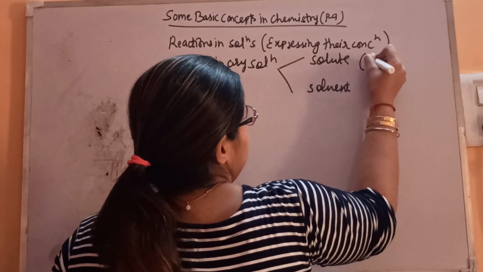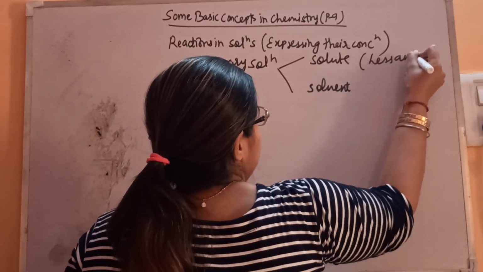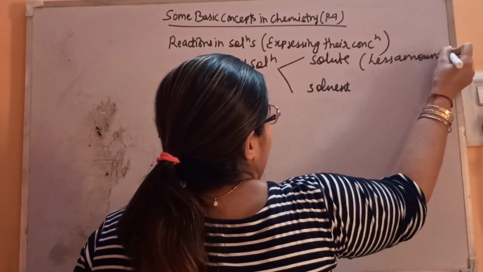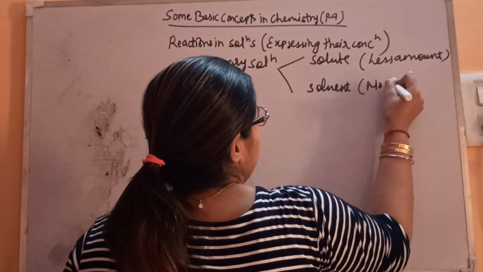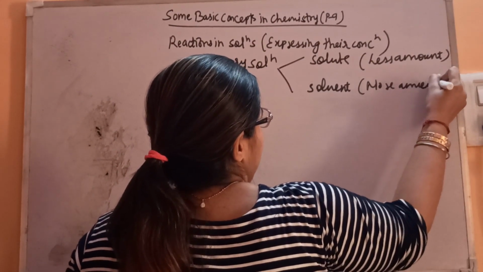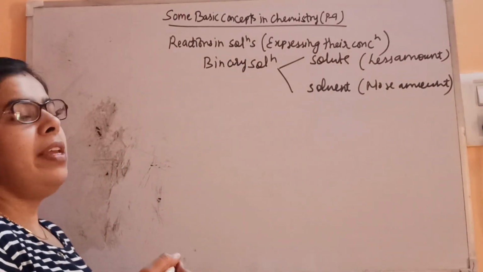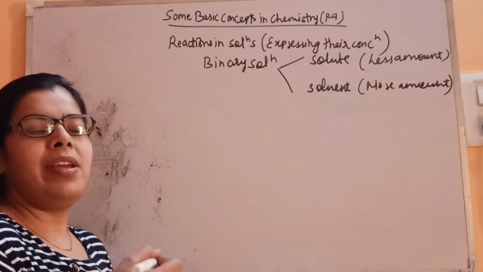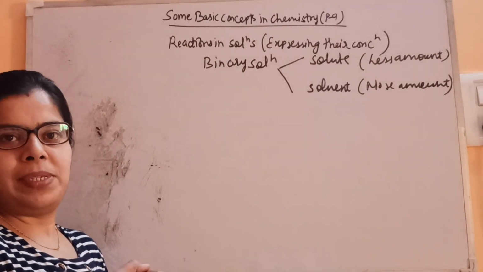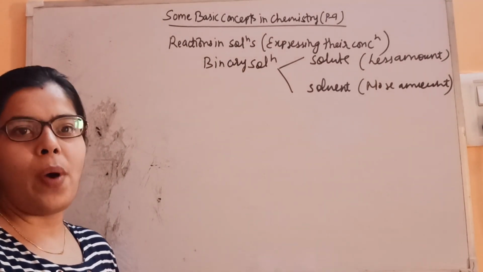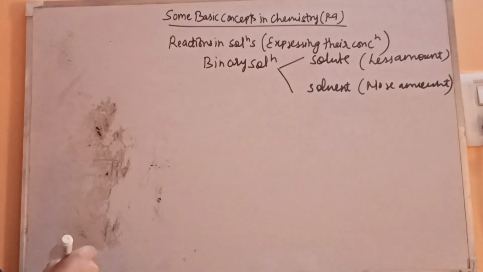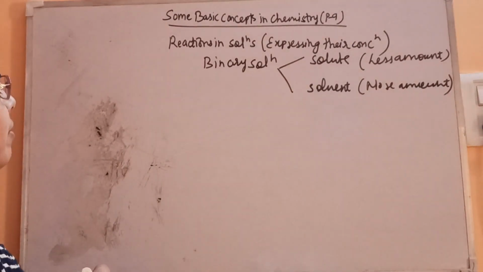Solute is present in the lesser amount and the solvent is present in the larger amount. So binary solution only we have to study. By the help of solution we are expressing the composition of the substance, that how much percentage is required. So let's start with this topic.